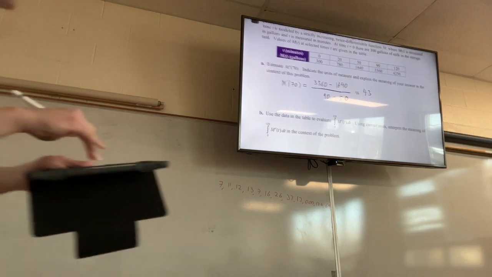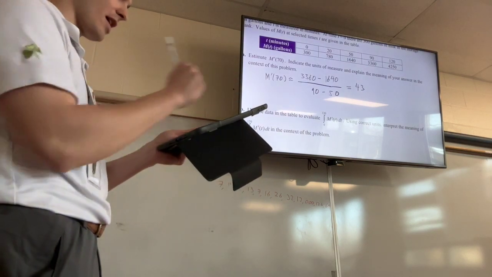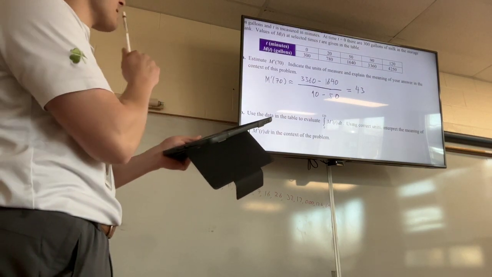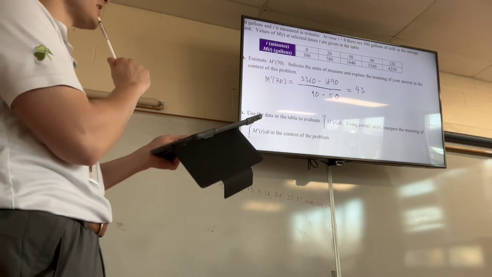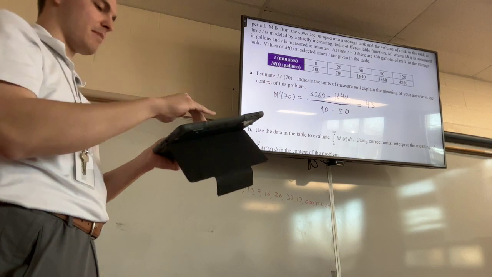All right, 43. M prime of 70, so that's about 43, okay? And then what are my units of measure going to be? Gallons over minutes. So M is in gallons, M prime is going to be gallons per minute.